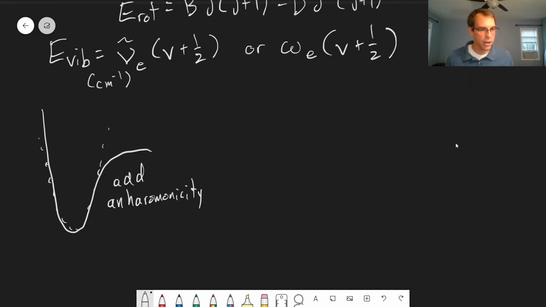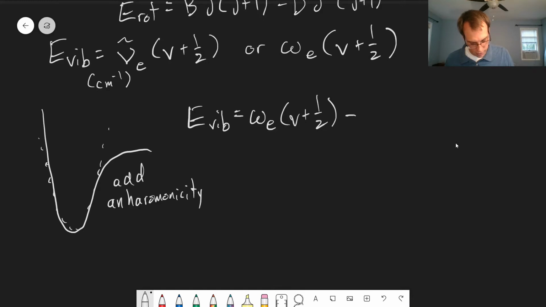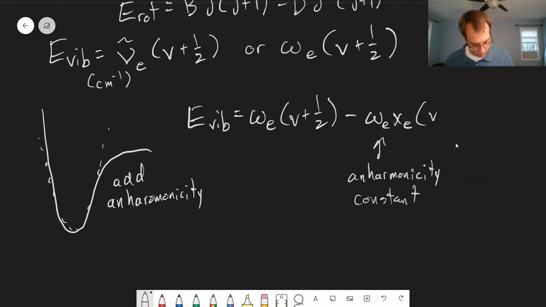The way that we do this is similar to what we did for rotation. We do this as a polynomial in the quantum number. So E vibrational will be equal to ω_e times (v + 1/2), and then we add the anharmonicity term. We call this ω_e x_e. It's another constant, the anharmonicity constant, and this will be multiplied by the square of (v + 1/2).